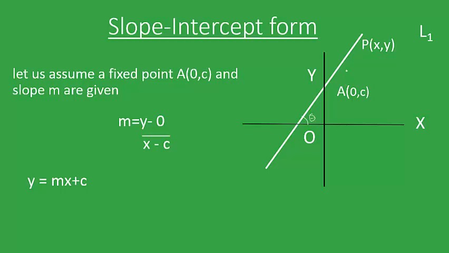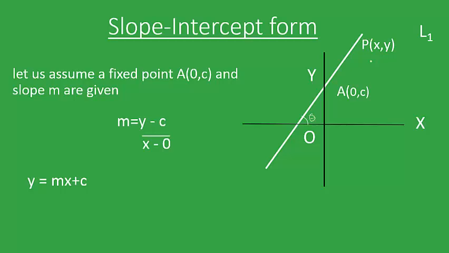So we have the point A (0, c) and the slope. We'll equate the slope m to the slope of the line passing through P and A.